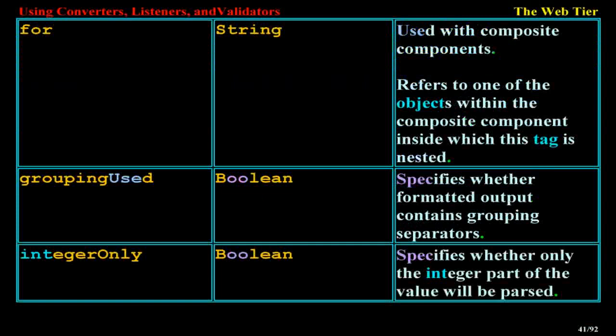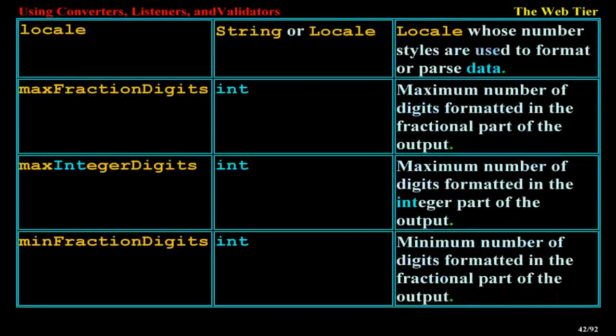Integer only, Boolean, specifies whether only the integer part of the value will be parsed. Locale, string or locale, whose number styles are used to format or parse data. Max fraction digits, int, maximum number of digits formatted in the fractional part of the output. Max integer digits, int, maximum number of digits formatted in the integer part of the output. Min fraction digits, int, minimum number of digits formatted in the fractional part of the output.